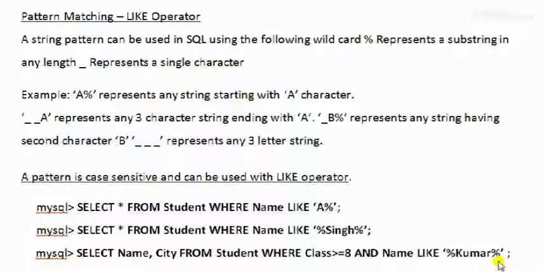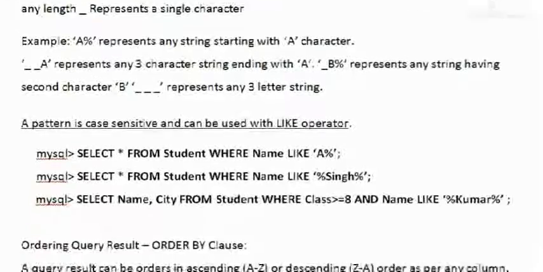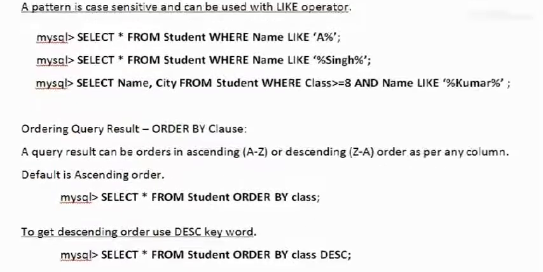If after Kumar there is no character, it does not matter. Even before Kumar, 0 characters can be taken. So Kumar must be there. There may or may not be any number of any type of characters before or after. So at least Kumar must be present in the name field. So this way it works.